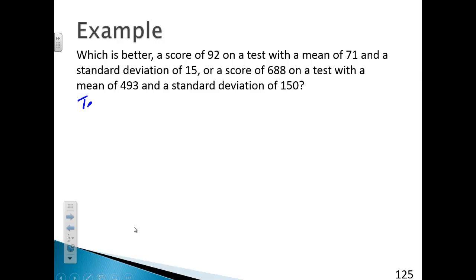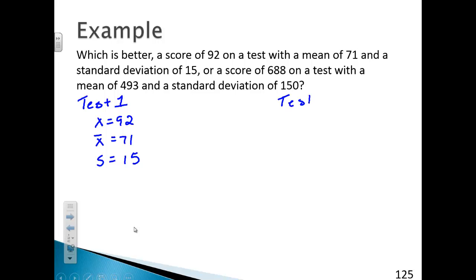So I'm going to label this test 1. And the score, the data value, is a 92. The mean, and it didn't designate whether this is a sample or population, so we'll just use the sample mean, which is x bar. The mean is 71, and the standard deviation, S, is 15.